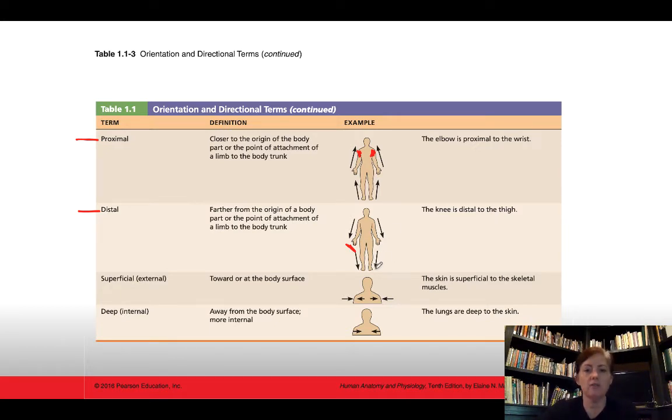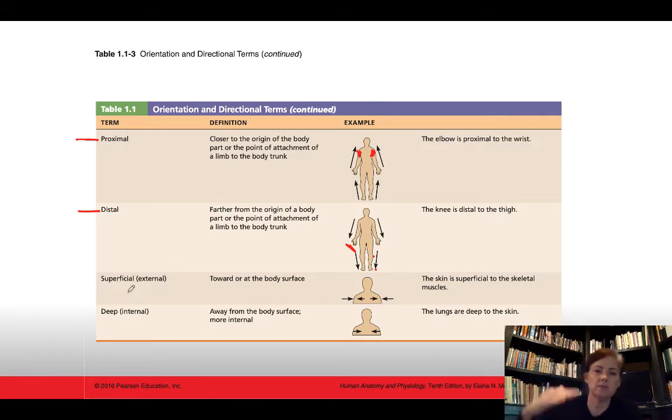Let's say the foot is distal to the knee because the foot is farther away from where the leg attaches to the body. Excuse me. And so the foot would be distal to the knee. But proximal and distal, we tend to see much more with the appendicular skeleton. So my advice is to only use that with the appendicular skeleton.